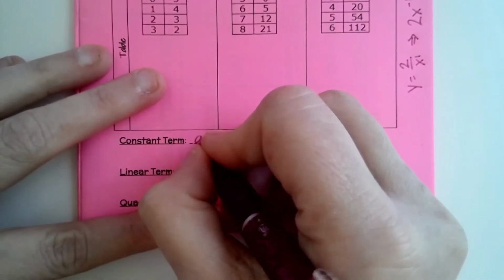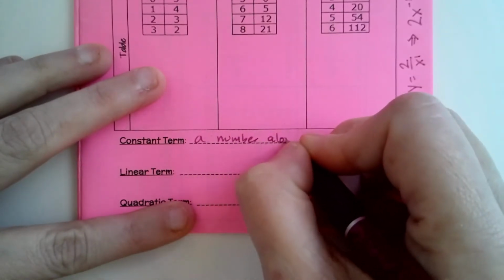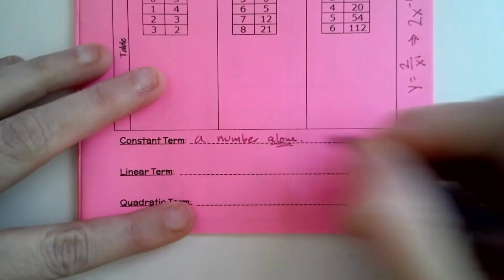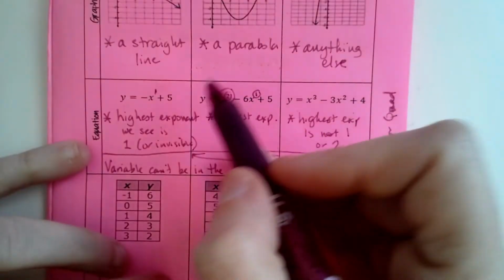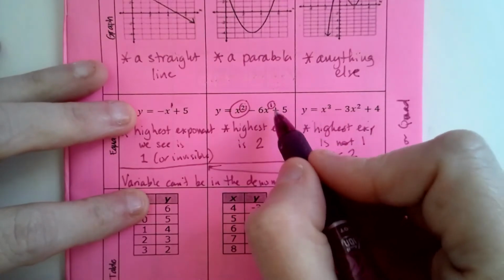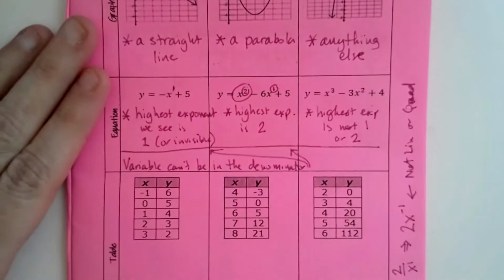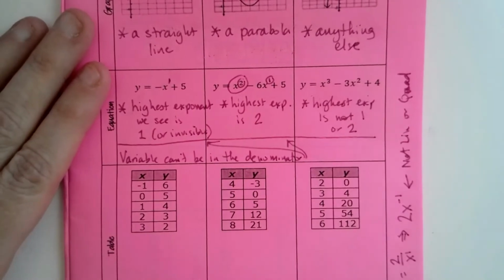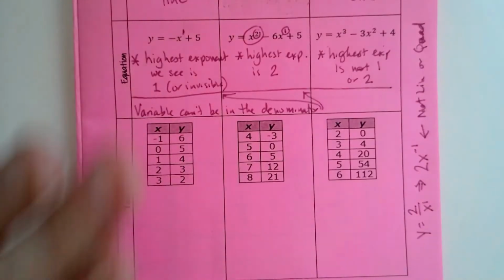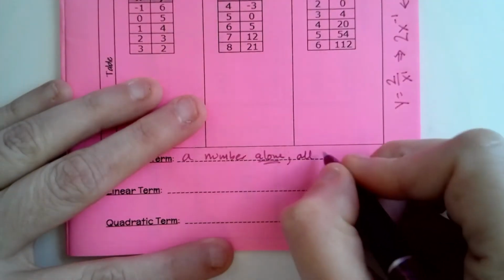Okay, well, what makes a constant term a constant term? It is a number alone. Okay, so in this case, this is a constant term, positive 5, positive 4. It could be negative 6 or negative 800. It could be 0. Okay, but the constant term is just a number all by itself.